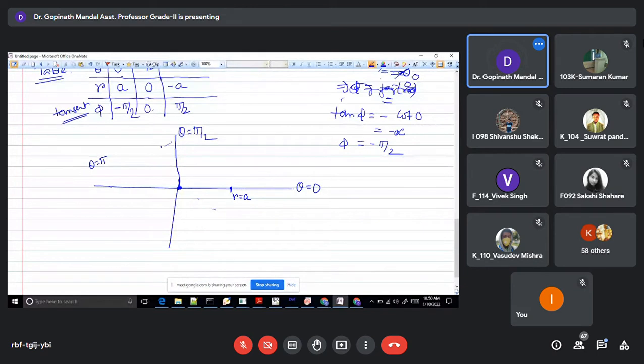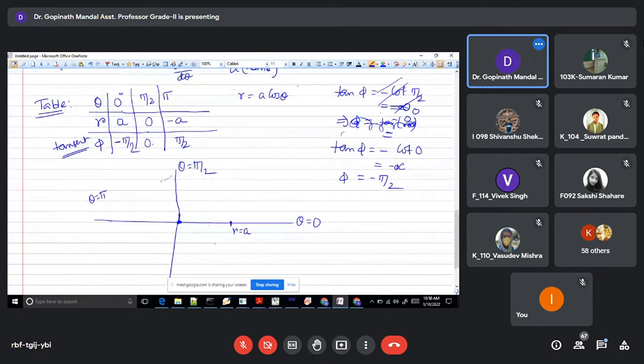And when theta equal to pi by 2, r will be equal to 0. At the point r equal to a, the angle of the tangent is pi by 2.